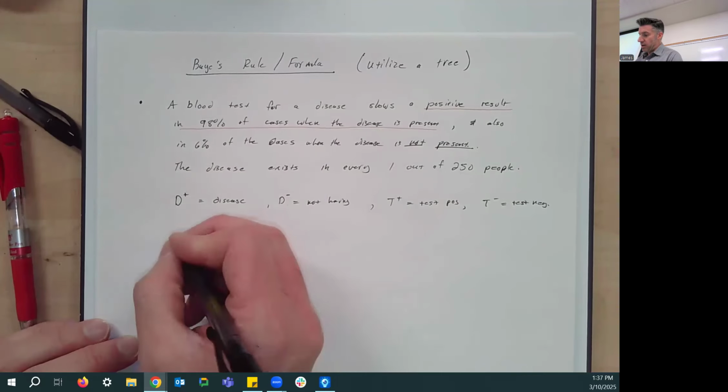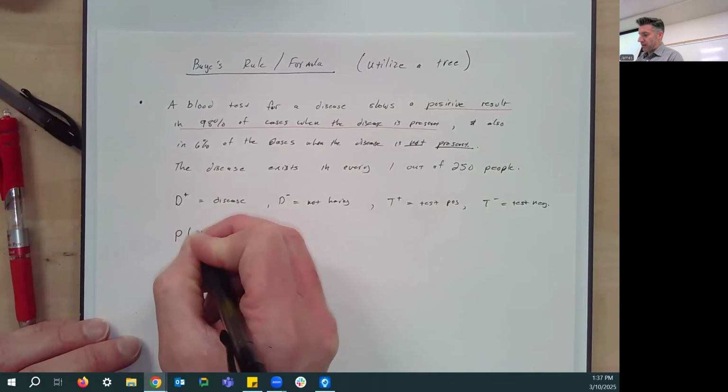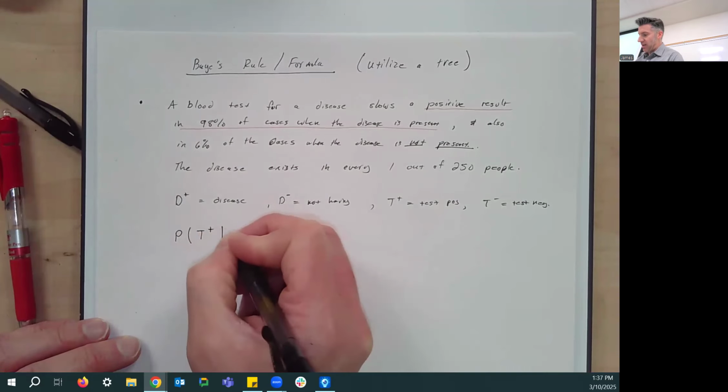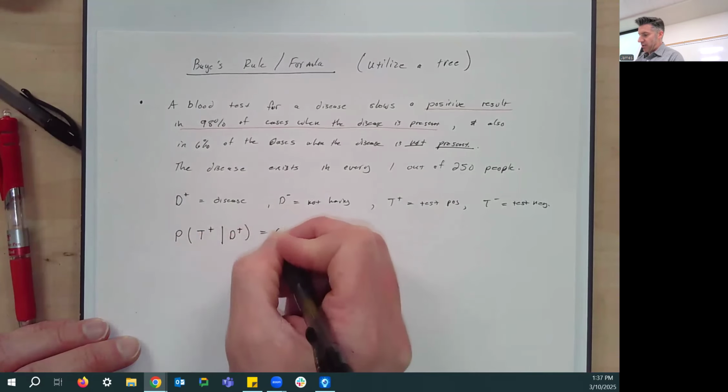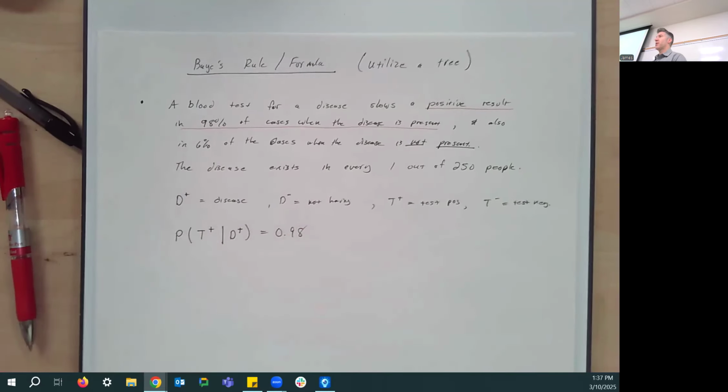Or in other words, the probability of a positive test given that the disease is present is 0.98. That's what that underlined sentence is actually telling us: a conditional probability. If you know someone has the disease, there's a 98% chance that the test will come out positive.